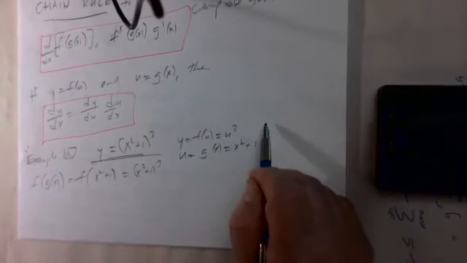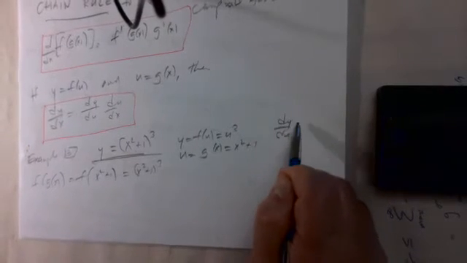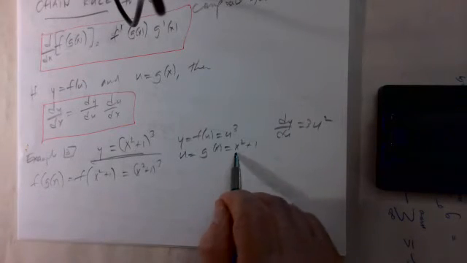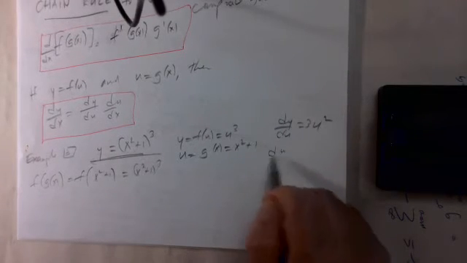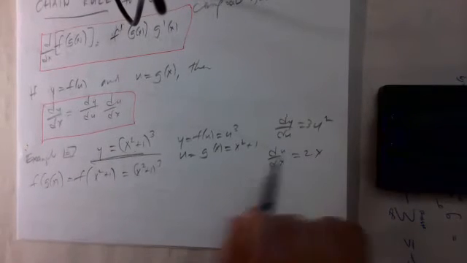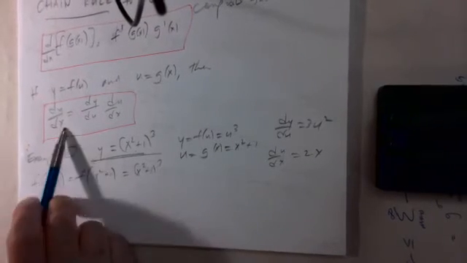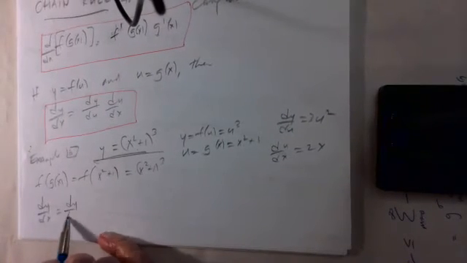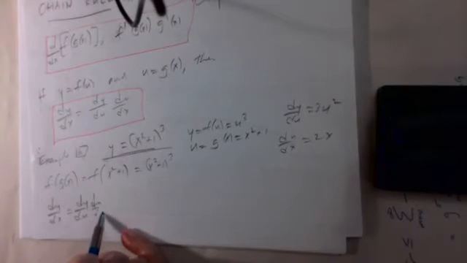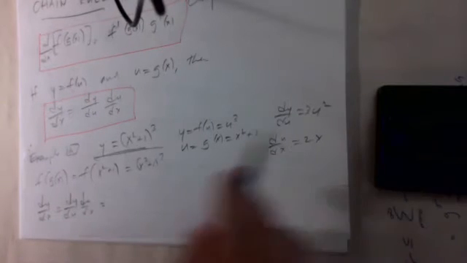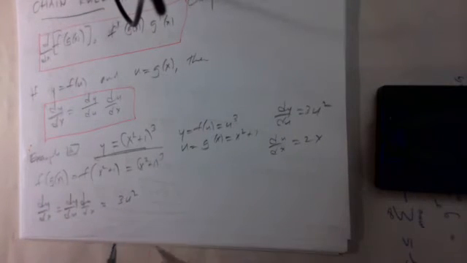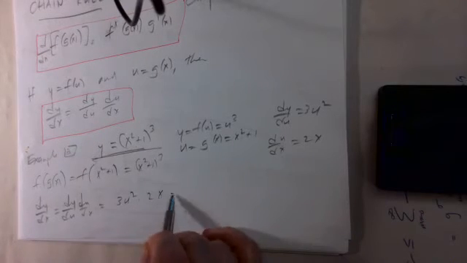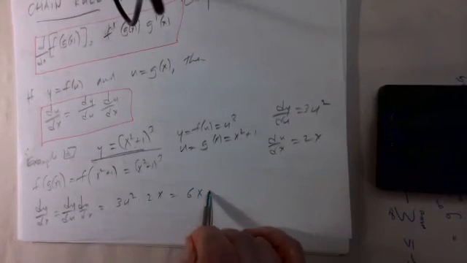If y is u cubed, dy/du is 3u squared. If u is x squared plus 1, du/dx is 2x. So by the chain rule, dy/dx is dy/du times du/dx. dy/du is 3u squared, du/dx is 2x, so this is 6xu squared.